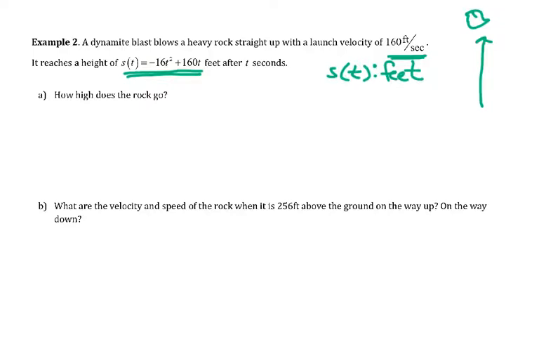Well, you have to think about this for a minute. It goes up and then it comes back down, right? So what happens at this maximum height? What happens there?